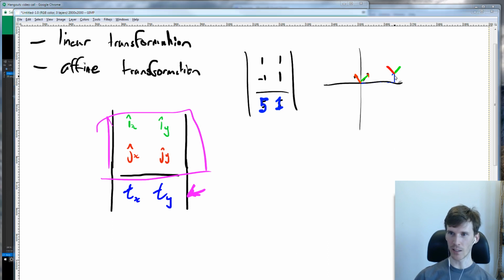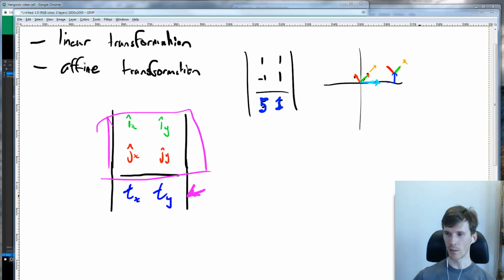And so you can imagine if we have a vector like that in the starting world, and we're going to use orange for where it ends up, it's going to end up here once we apply this matrix, but actually it's not going to end up there, it's going to end up there because we've translated it.